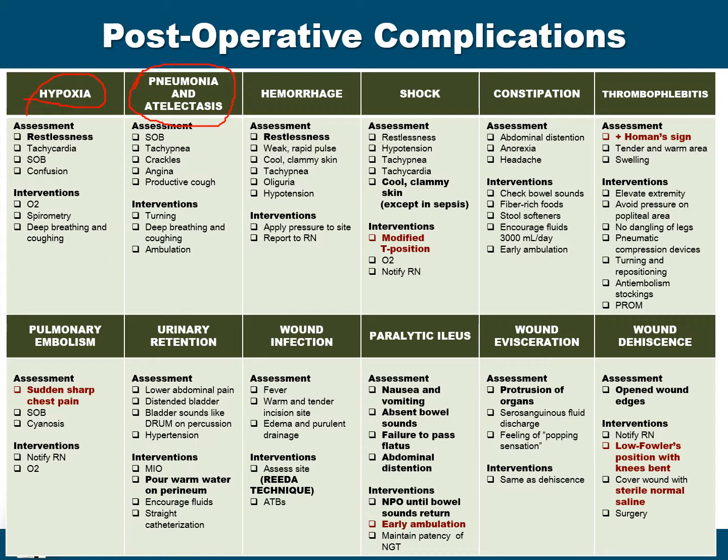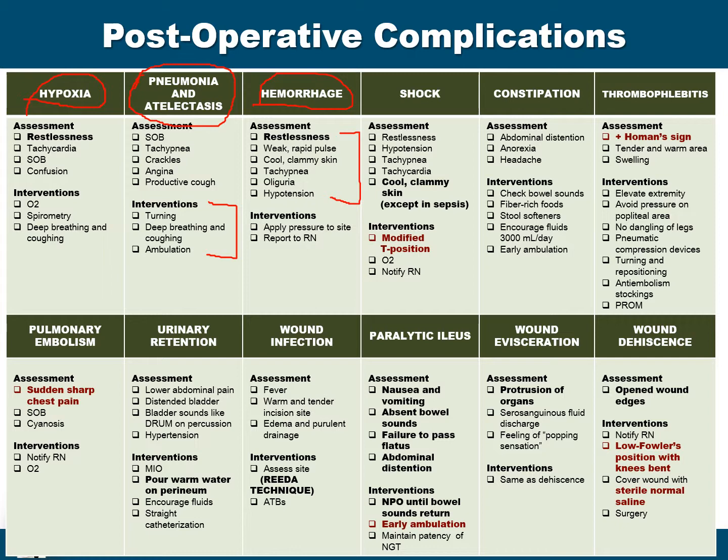Now, our assessment findings will be shortness of breath, tachypnea, crackles, chest pain, and also a productive cough. And our interventions will be to turn the patient, encourage deep breathing and coughing, and also early ambulation to promote pulmonary function.